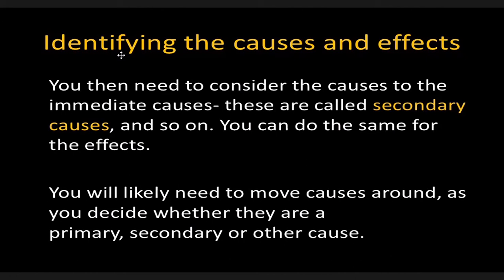When we talk about theoretical, it's based on the theories or on the literature that has been written. But in your study, you are looking into the concept, and this is the problem that you want to seek, and to identify the different causes and the effects for your particular study. So you will likely need to move causes around as you decide whether they are primary, secondary, or other causes.